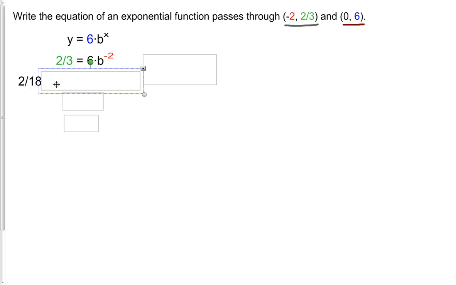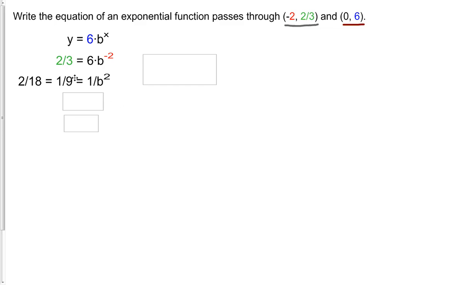And we know that 2/18 reduces to 1/9, so we have an easier fraction to work with. On the other side, we have 1 over b squared, because I wanted to write this with a positive exponent so it was a little bit easier to see. So b to the -2nd is 1 over b to the 2nd.